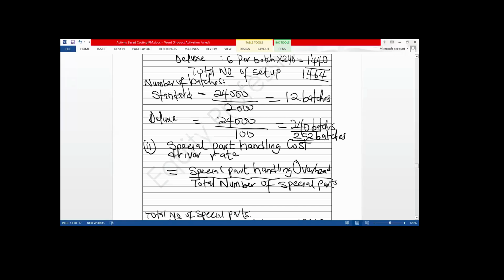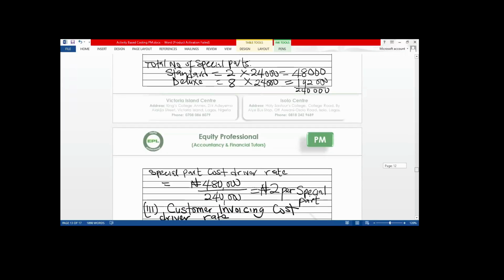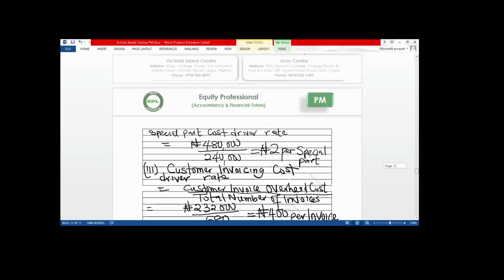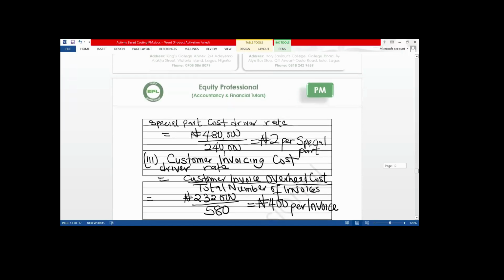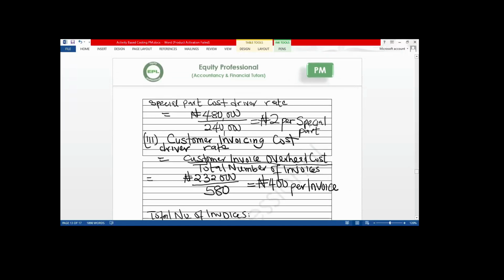I'd like to hear your voice. So the batches there are both of them only 2. It's different from the setups. Yes, of course. We calculated the setups. For this question, we have 2 setups per batch for standard, then for deluxe, we have 8 setups per batch.